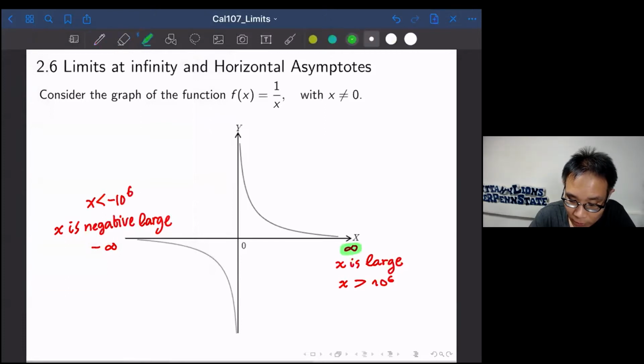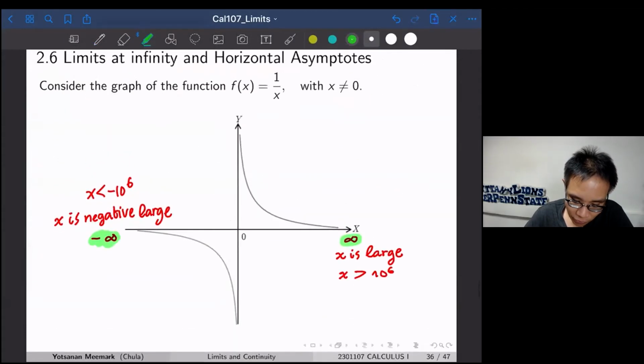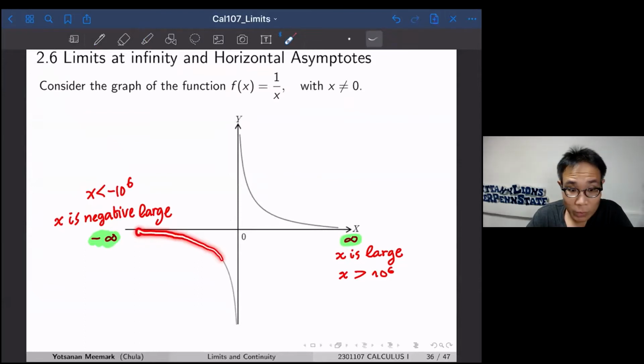You're going to see that if x decreases without an upper bound, then the value of the function f approaches 0. If you follow this graph as it goes to negative infinity, x goes to negative infinity and the value of f turns out to be 0.